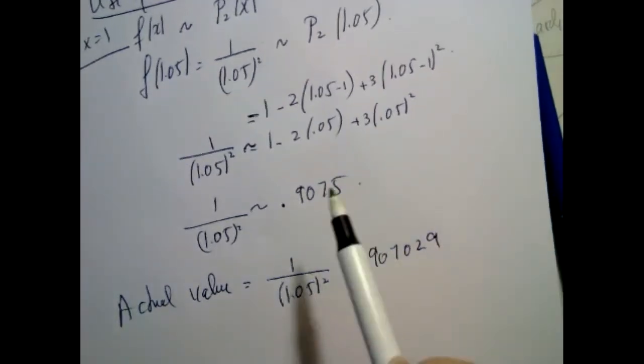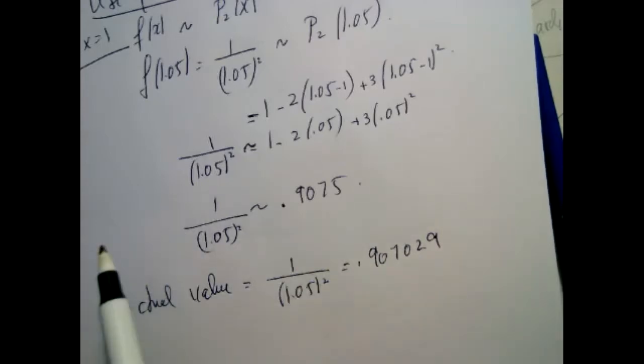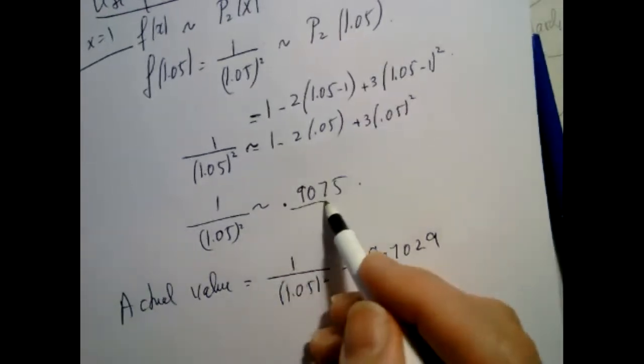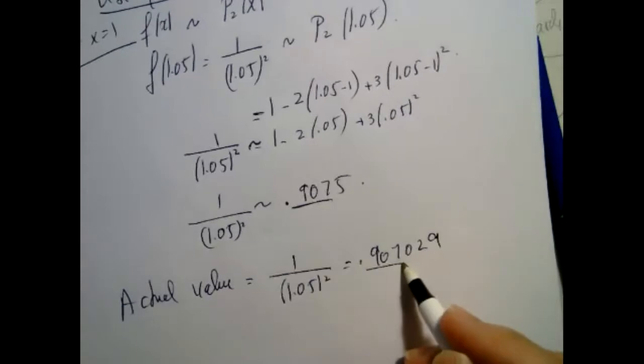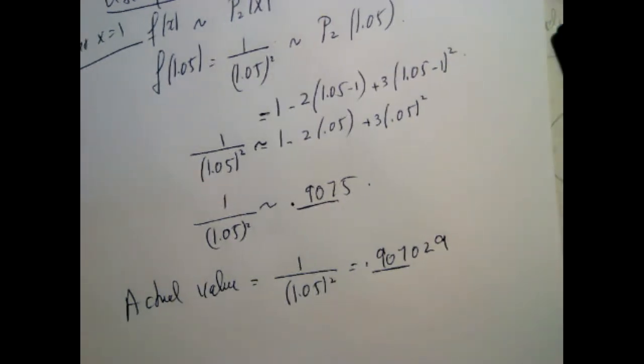So that's the actual value. It means the approximation is not bad, even though we're using only the second degree. They agree on the first 3 decimals and start disagreeing after that. It means the absolute error is of the order of 10 to the minus 3. Okay, question before I move on.